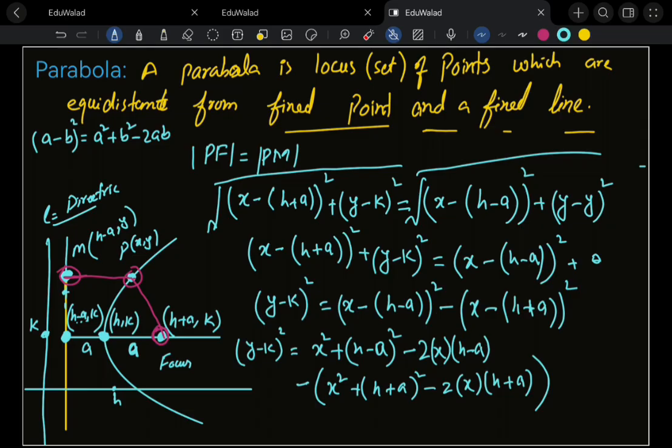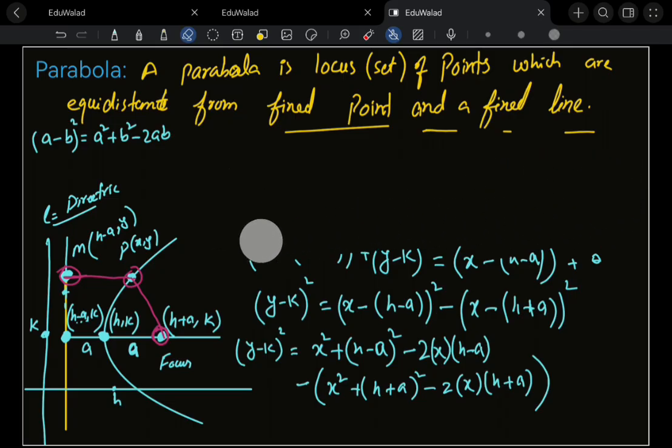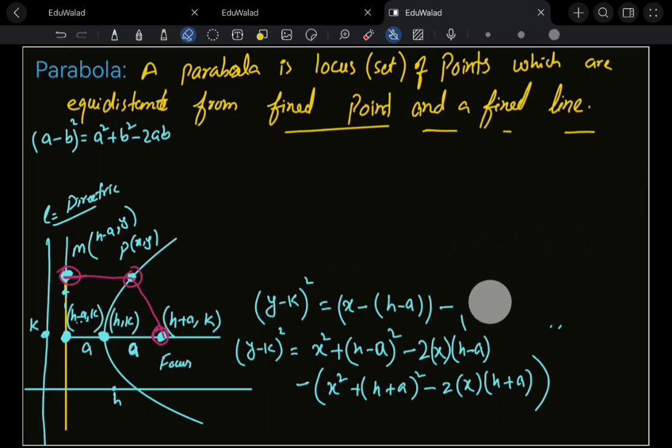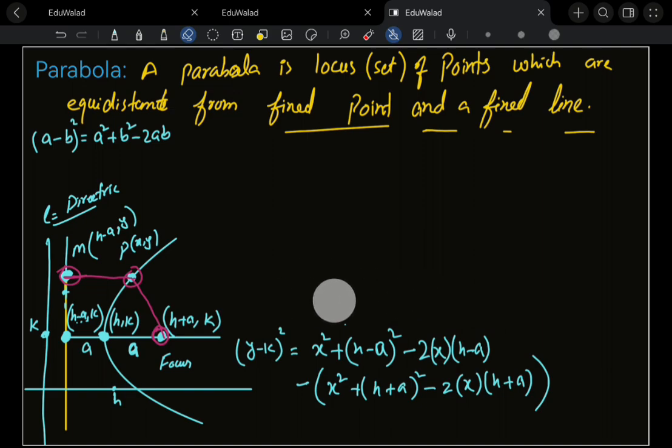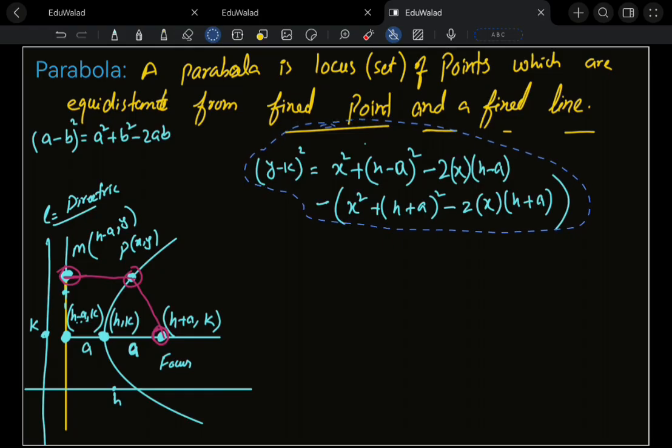Now erase the above and simplify. If we erase this side, take this side above here. So y minus k will be as it is.